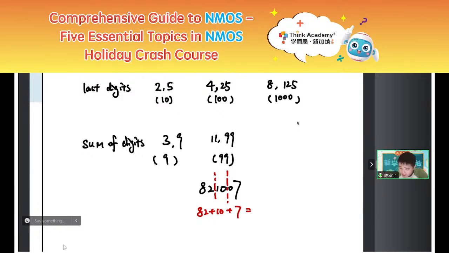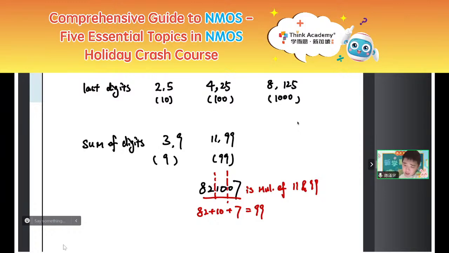And I see that this equals 99, right? So that's why I can conclude that this is a multiple of 11 and 99. Definitely, for sure. Okay? So this is the divisibility rule of 11 and 99.